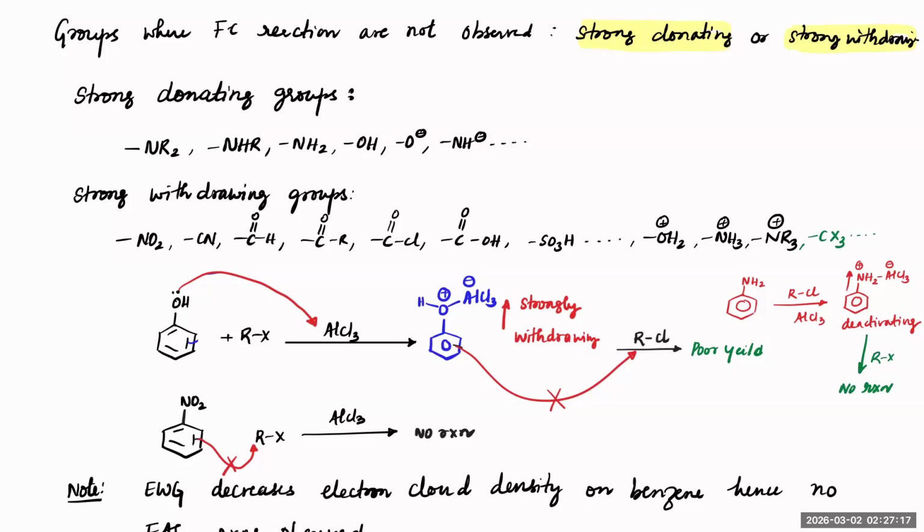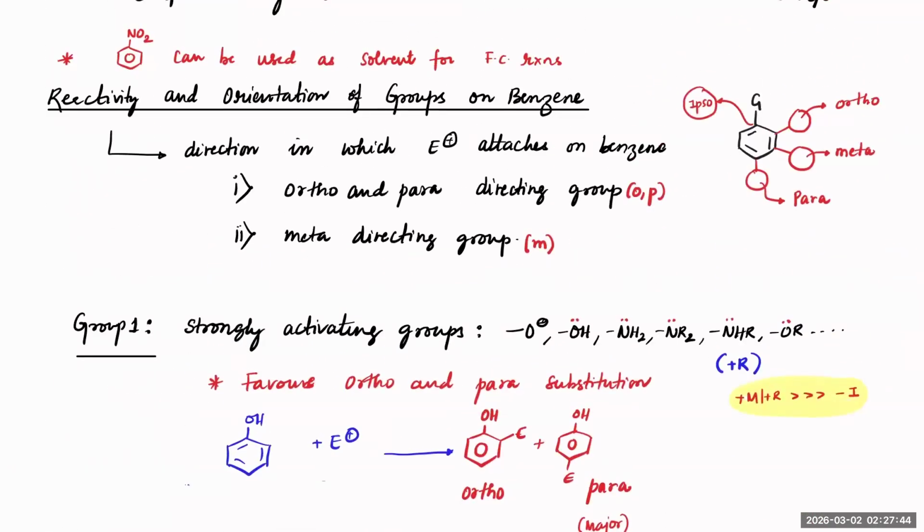When oxygen or nitrogen are donating groups, they are going to be strongly donating towards the benzene ring. Now, what would happen if the benzene ring is strongly activated? Got it? Then electrophiles will be facilitated much more easily.